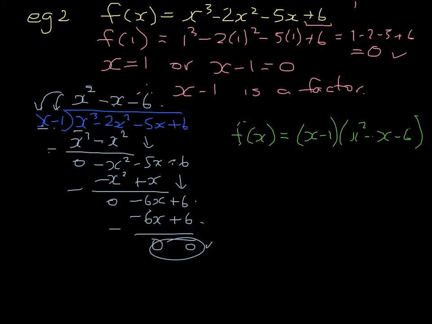Now take that second bracket and see if we can further factorise it, which I think we will be able to. Just by looking at it, it's going to be x take 1, x take away 3, and x plus 2. So that's this one factorised. And one more example we'll go through.